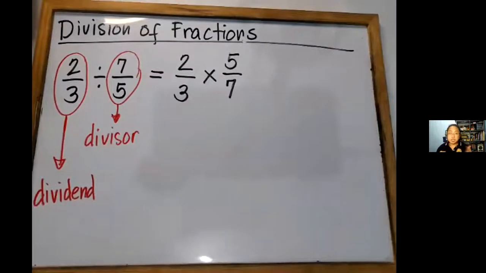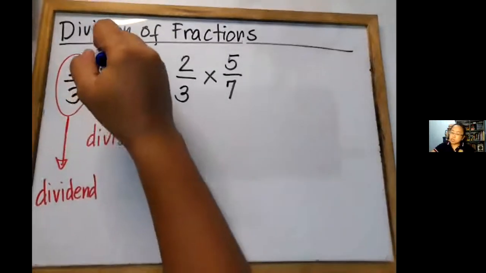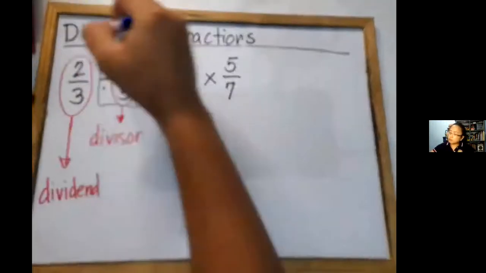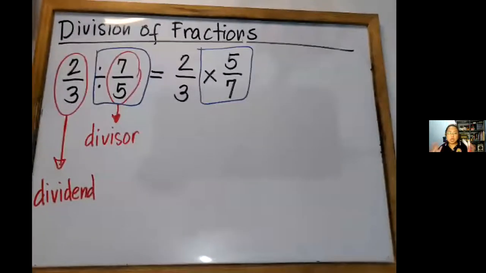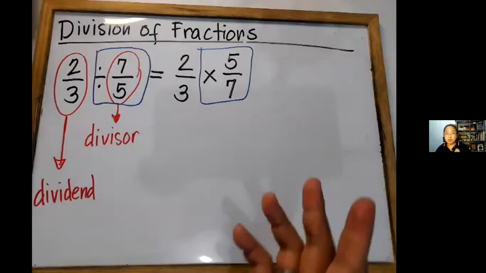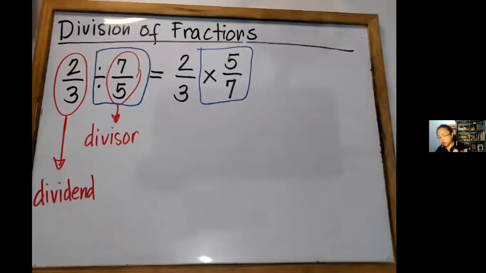So, pansinin ninyo, ano ang nabago dito? Yung 2/3 hindi nabago. Yung division symbol at saka yung ating divisor lang. We change the division symbol into multiplication symbol, and then yung 7/5 natin na divisor, we change that to 5/7, yung kanyang reciprocal.